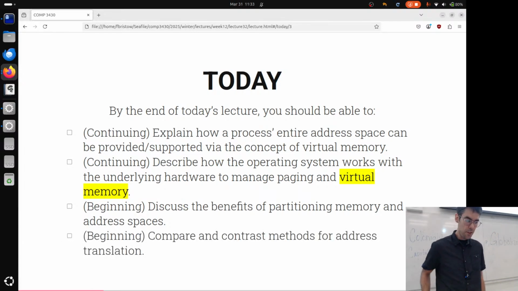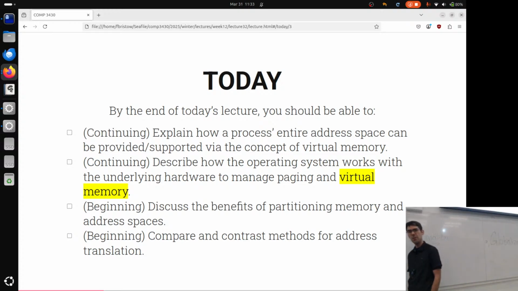The other thing I want you to be able to begin to do today is to compare and contrast methods for address translation. Again, I emphatically do not care if you can translate addresses. I very much don't care if you can go through the mechanical process of translating a virtual address to a physical address. I believe that's irrelevant in an operating systems course.